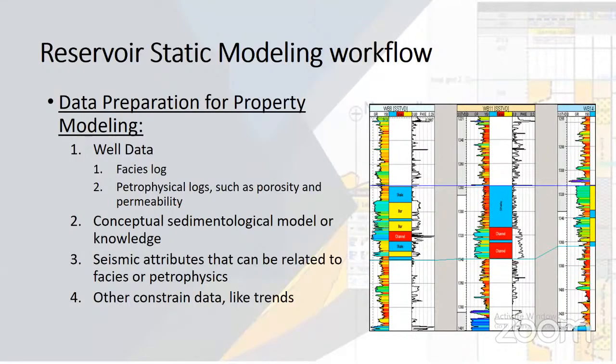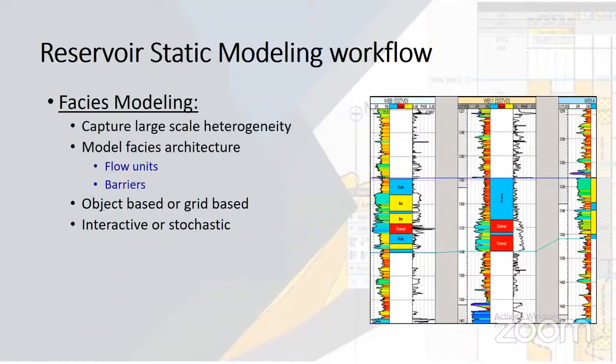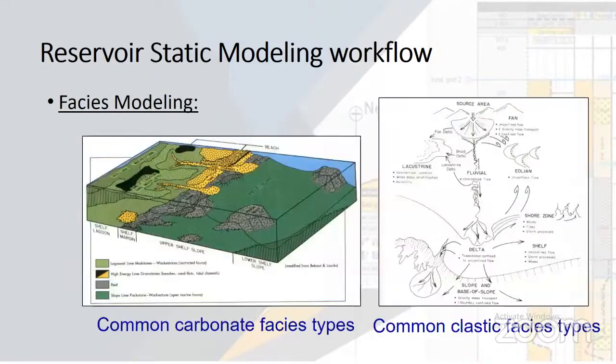Depending on the existence of certain facies between the wells, we can think that we have a certain depositional model for the reservoir. For example, for carbonate we have facies types like shelf margin and shelf lagoon, and so on. Also for clastic, we have lacustrine, delta, shelf, and so on.